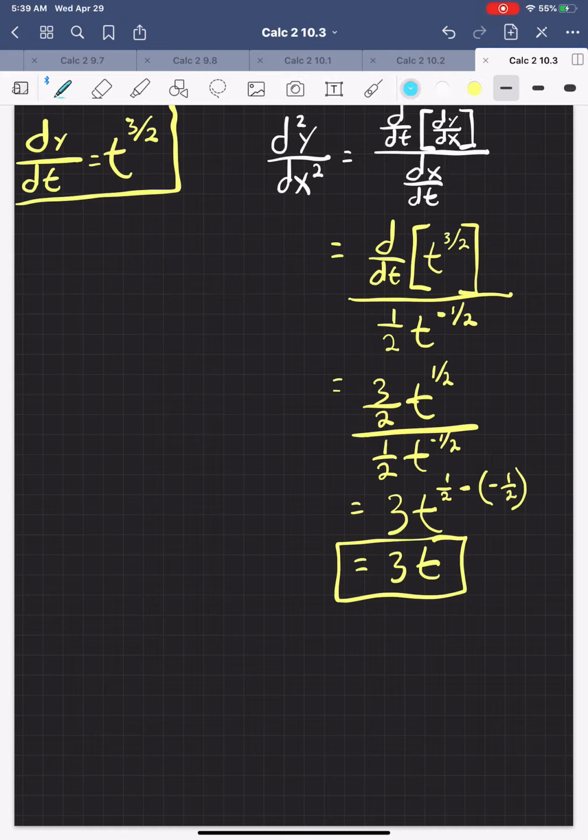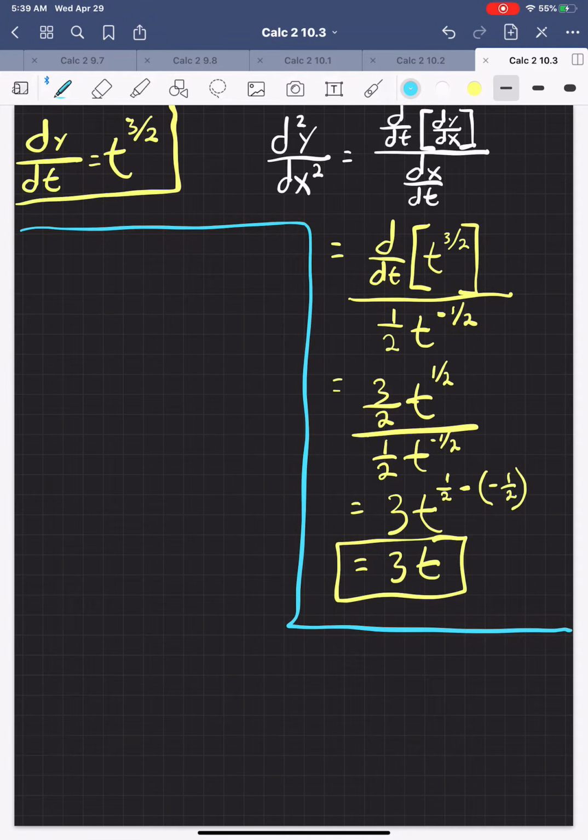All right, now let's switch gears and let's go back to the question. So the question was, find slope and concavity at the point (2, 3). Now, let's make sure you understand this is a key part.